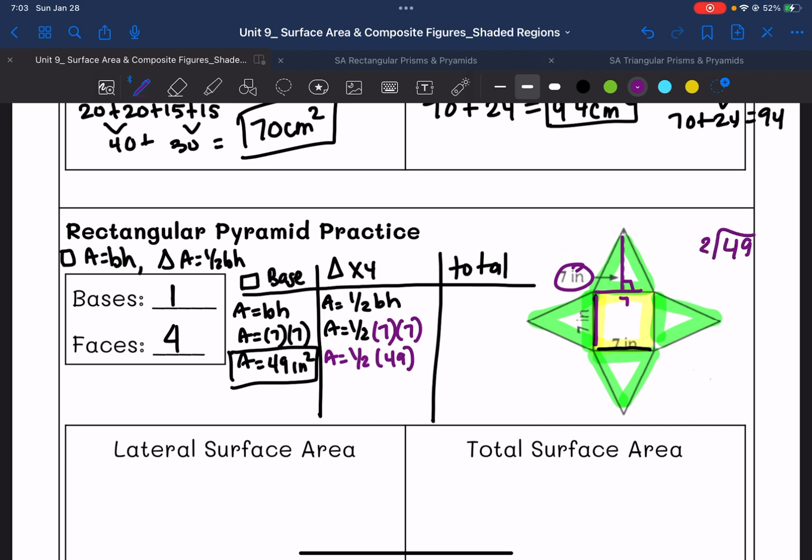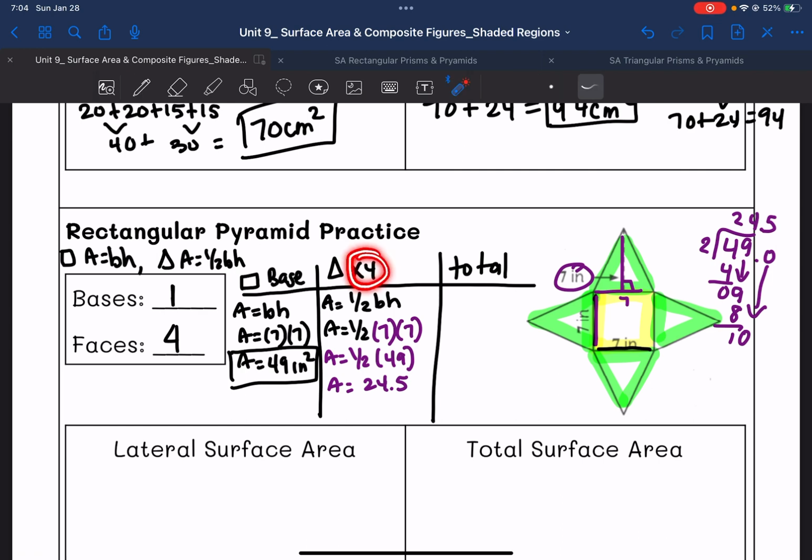2 can go into 4 2 times. And then 2 can go into 9 4 times. That'll be 8. We bring down the 0 after we add the decimal and 0, and then it can go into 10 5 times. So area is equal to 24.5. However, what did we write up here?